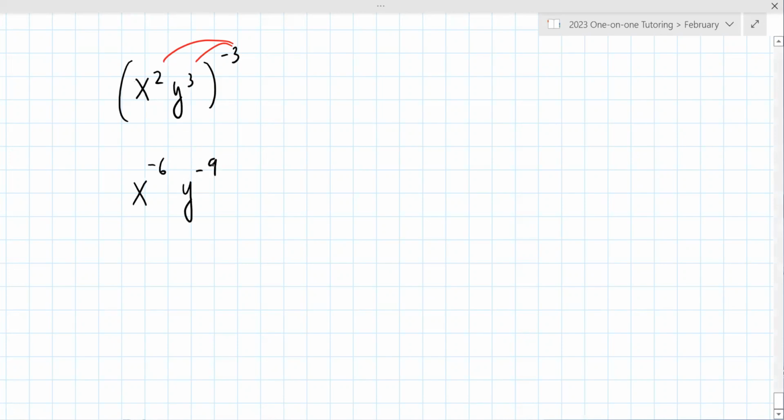Good. Now you can't leave it like this. So how are you going to rewrite your answer? You are going to make it 1 over x to the 6 and 1 over y to the 9.